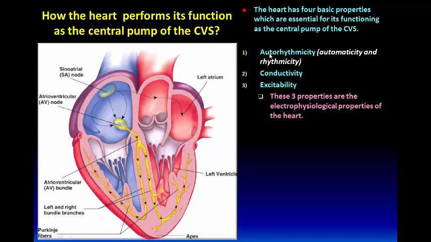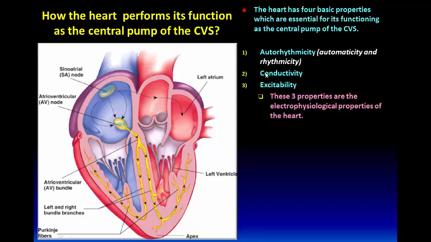Then the second physiological property is the ability of the heart to conduct these cardiac impulses to reach the contractile cells, the myocytes, in the walls of the atria and interatrial septum and the walls of the ventricles and interventricular septum to excite and stimulate them to contract.